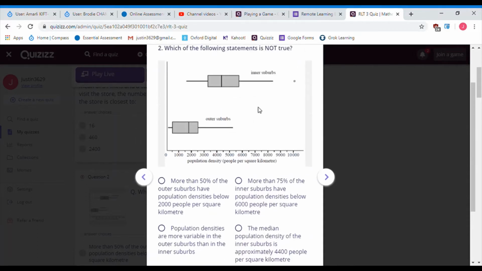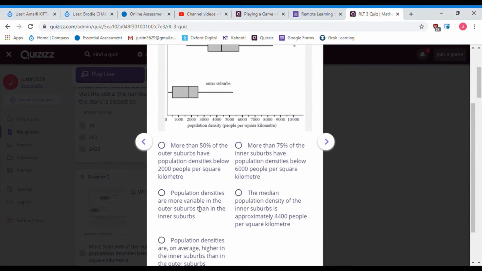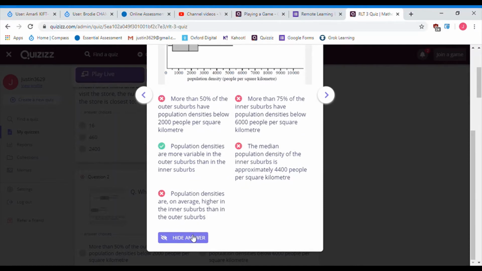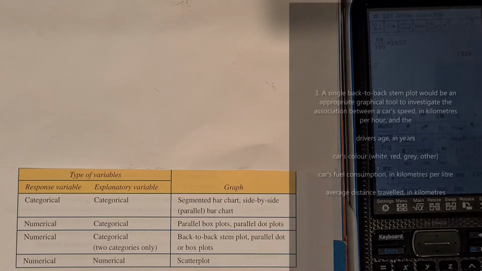We can definitely see that. You can even just take the median inner suburbs, 4,400, the median for the outer suburbs, under 2,000. So this is the only option that is not true.